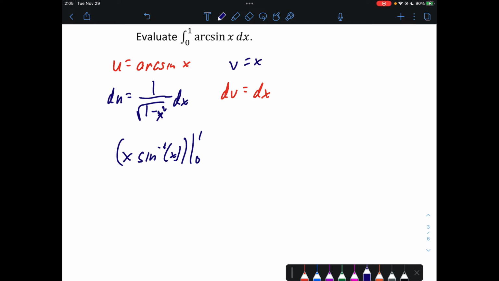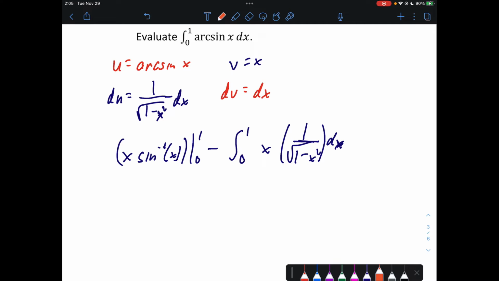From 0 to 1, minus the integral from 0 to 1 of v du. All right, so this first part's pretty easy.